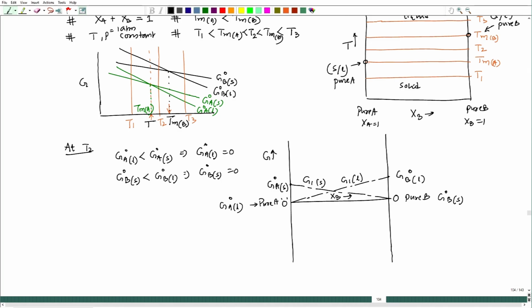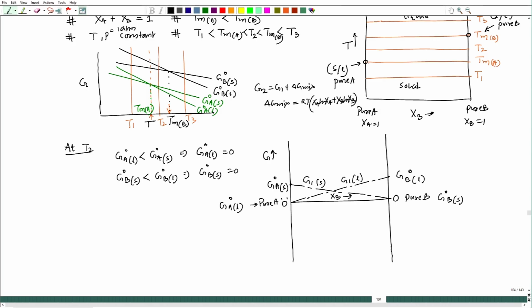Now, the solid free energy G2 line would then be, and remember at that temperature, if I consider delta G mix, that will be the same for liquid solution as well as solid solution value wise, because G2 is G1 plus delta G mix, and delta G mix equals RT (XA ln XA plus XB ln XB).